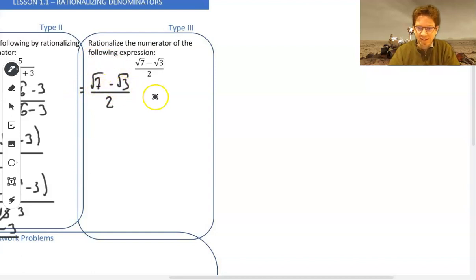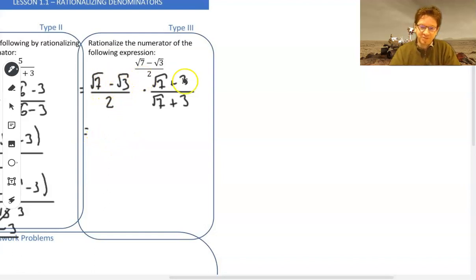So root 7 minus 3 is going to be root 7 plus 3, all over root 7 plus 3. Remember, top and bottom has to be the same, so you're only multiplying by 1. Otherwise, you're changing your expression.